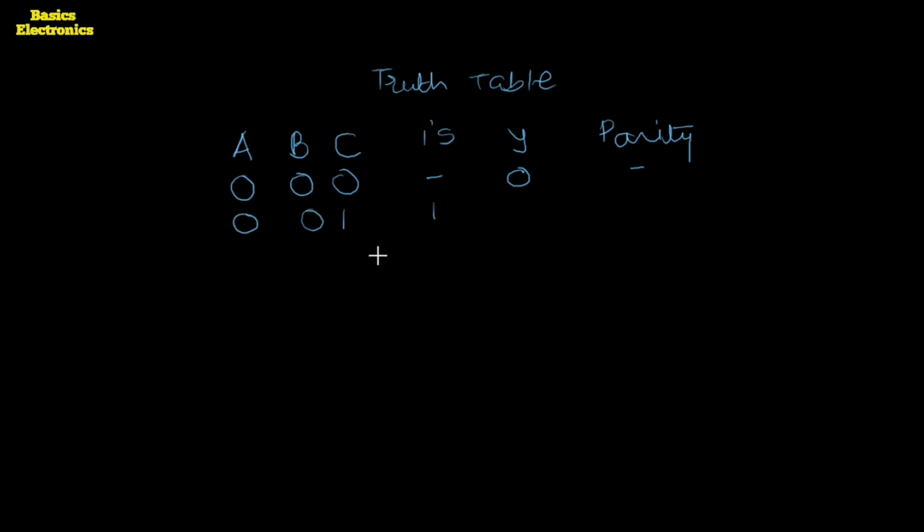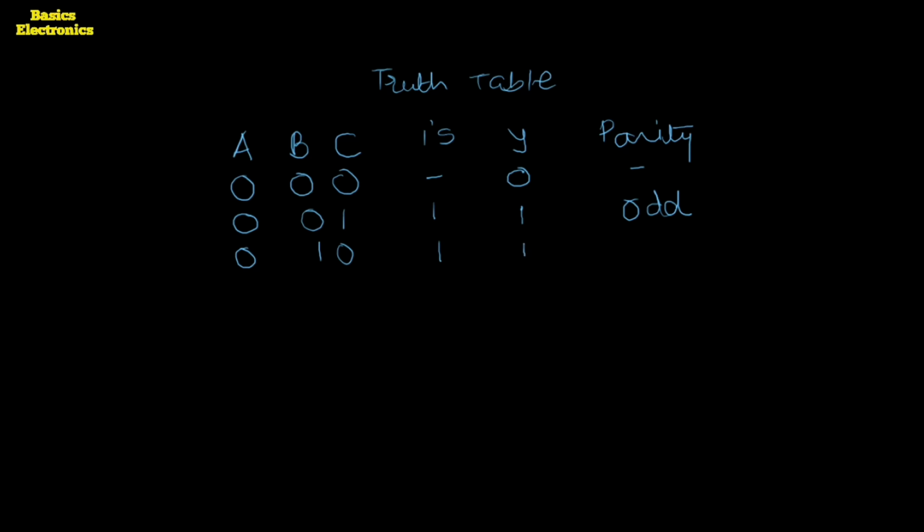The number of ones is only 1, so the output equals 1. The parity is odd parity because 1 is an odd number. Then the next entry is 0, 1, 0. Again the same, only one high input is there, so we get the number of ones equal to 1.